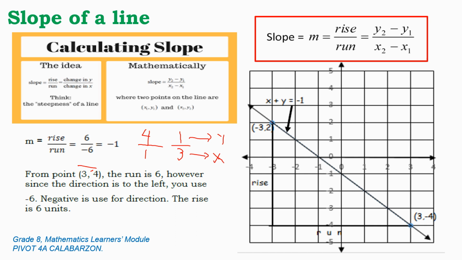Kaya, tatandaan ha. Okay, so itong equation na to, equation ng line to, nagawa natin kanina. So, i-apply na lang natin to pag ginamit na yung mga different equation of line. Okay, kung paano naging x plus y equals -1. Yung -1 ay intercept ng y. That is the intercept of y. And then, by substituting the value of x by 0 and y to 0, you will get the value of x and y.